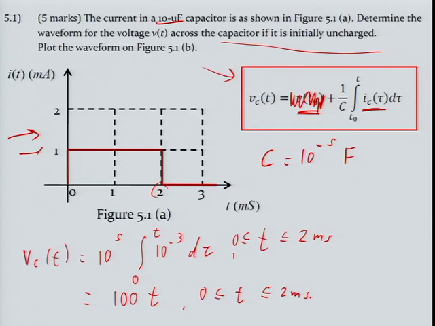And in particular, what is the value of voltage that it gets up to at 2 milliseconds? If I plug in 2 by 10 to the minus 3 there, what do I get? What's VC at 2 milliseconds? What's 100 times 2 on 1,000? 0.2. So it'll get up to 0.2 volts at 2 milliseconds and then stay flat.